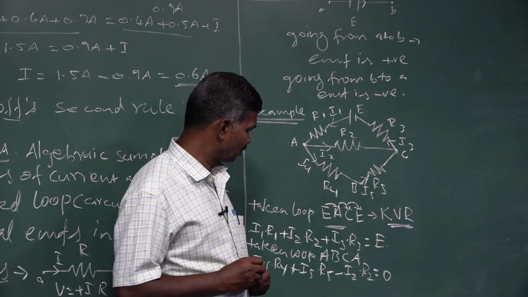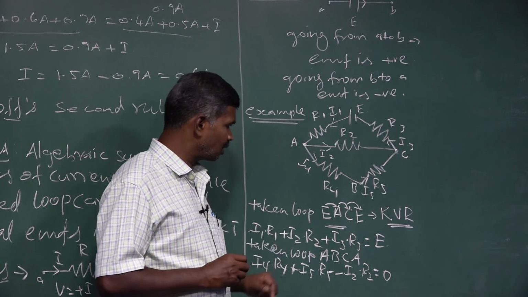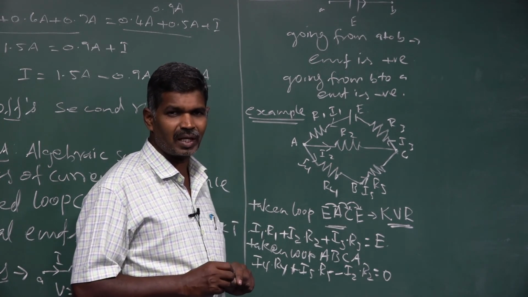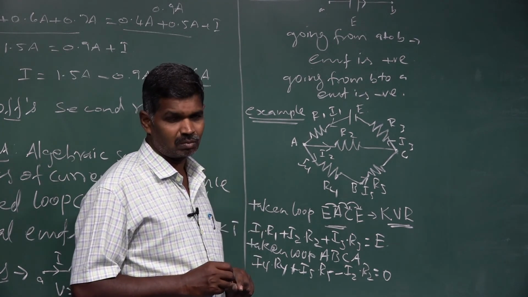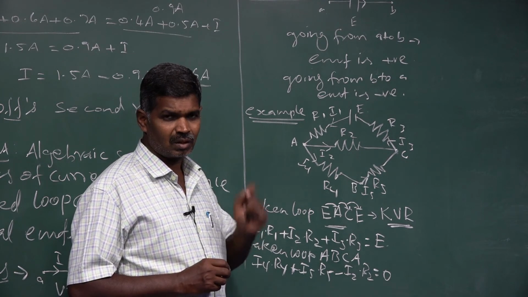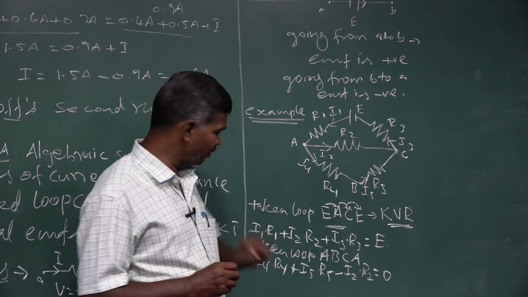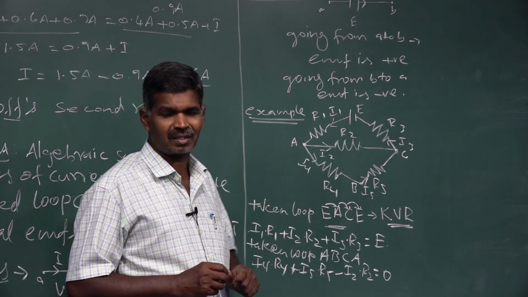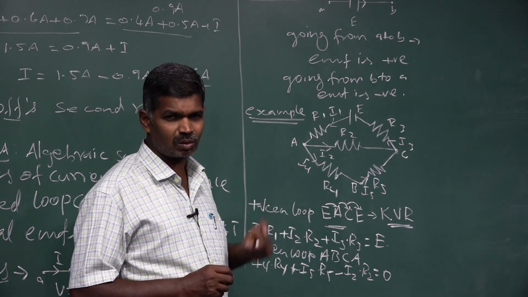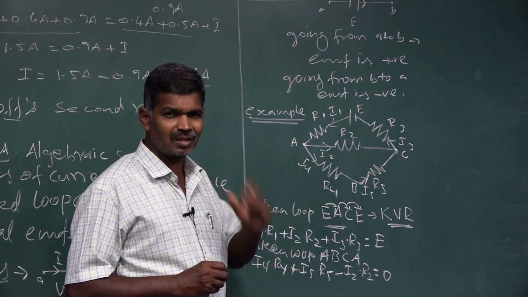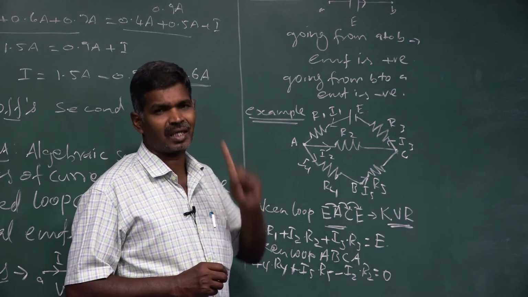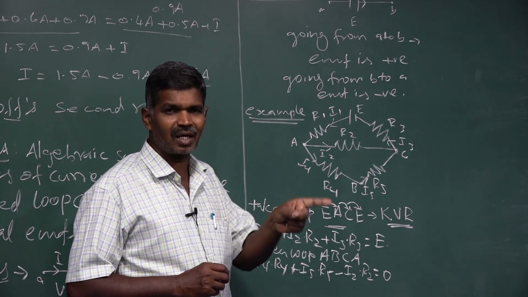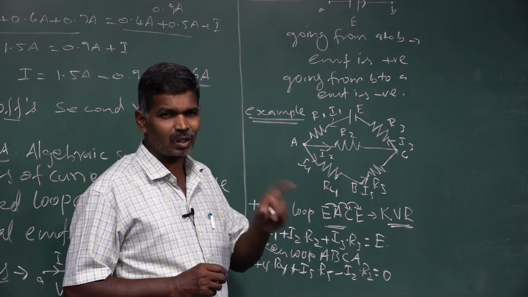At the time of applying Kirchhoff's second rule, the current must be steady, not varying. Only if it is a steady current can we define a certain value. If it is a varying current, we cannot define it. So we carefully handle this equation for steady current flow in our network. If it is a varying current, we cannot apply Kirchhoff's second rule.